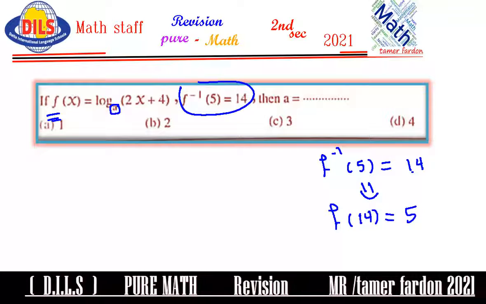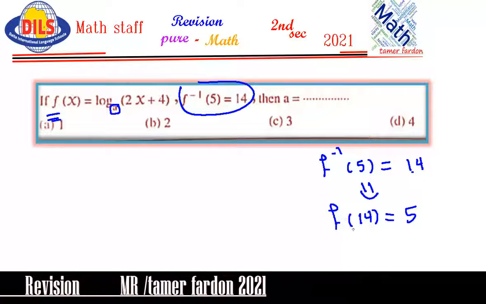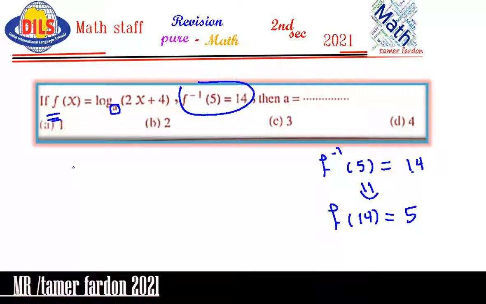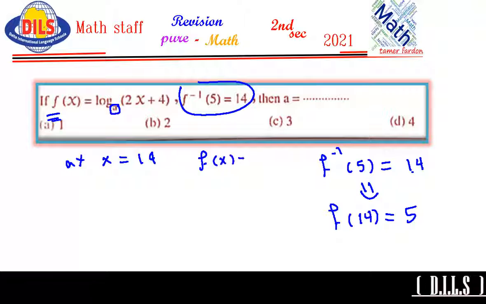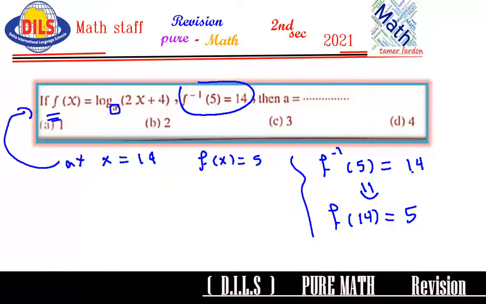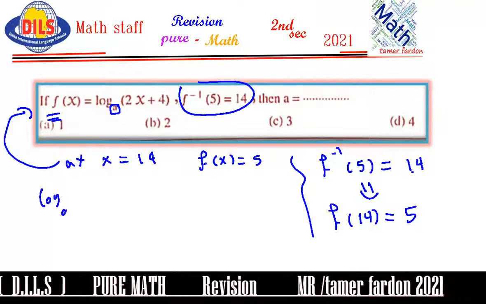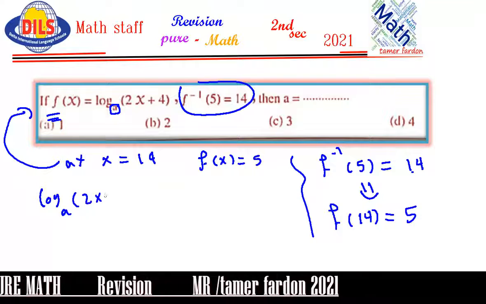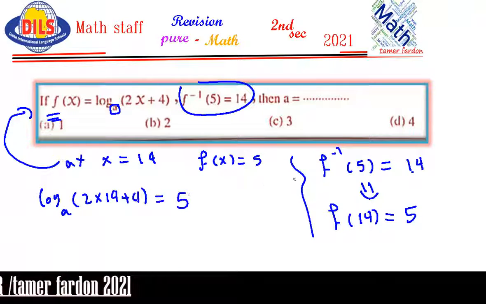Change x by y to get f of x. So at x equals 14, f of x equals 5. Substitute in the given function, we get log a of 2 times 14 plus 4 is equal to 5.